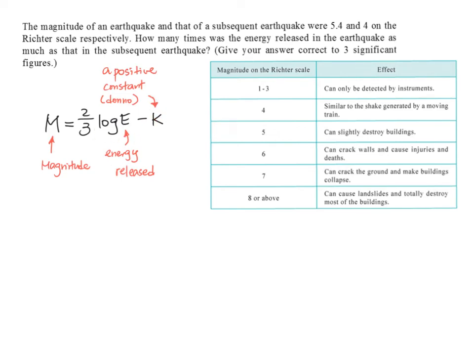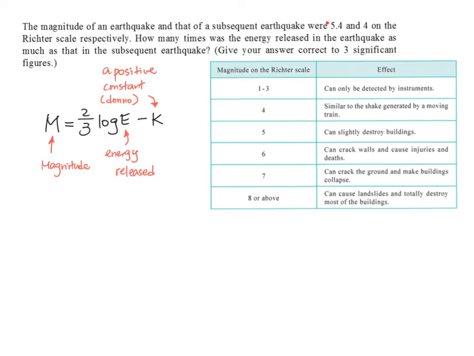So in this question, there are two earthquakes. The first one with a magnitude of 5.4, and the second one was 4. How many times was the energy released in the first earthquake as much as that of the subsequent earthquake?